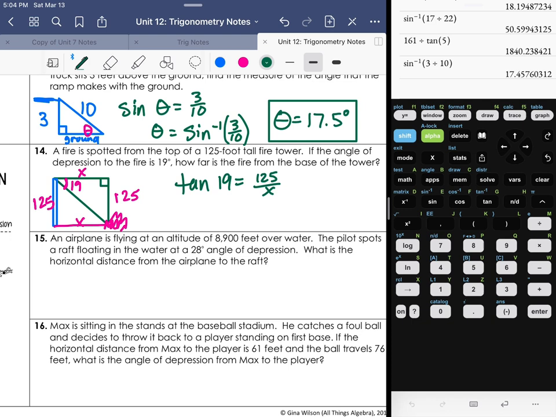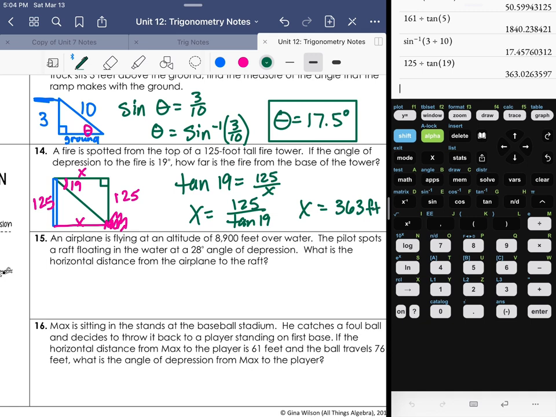So this is one of those problems where you have to switch them. And then we'll find out what that distance is on the ground. So we're going to do 125 divided by tangent of 19. So that is 363 feet. So that fire is getting close, y'all. 363 feet is not very far when you're talking about fire.